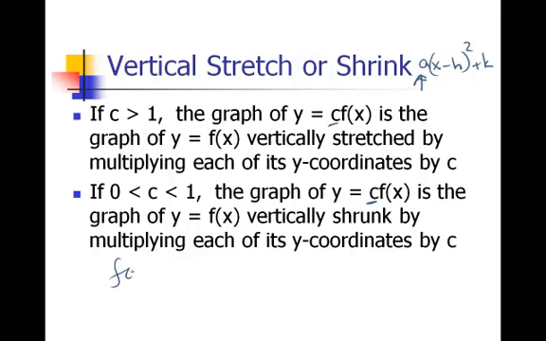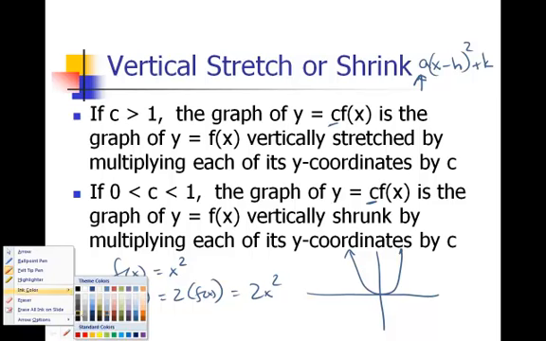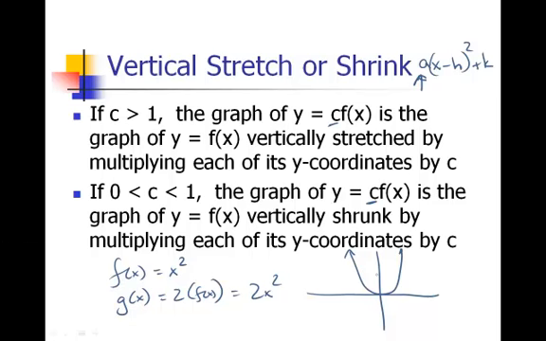So again, if f of x is x squared, and we want to stretch that function to create a new function g of x, and let's say we're going to multiply it by 2, we now get 2x squared. Again, remembering from last year, if our parent function looked like this, then the function with a vertical stretch would look like this.